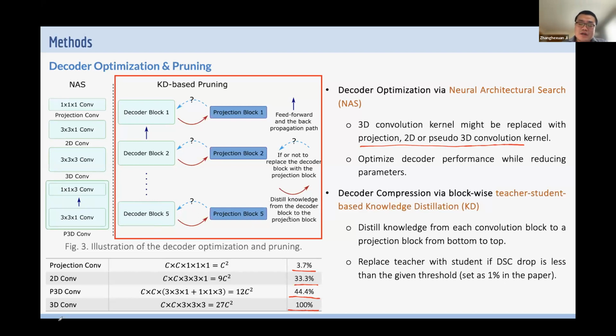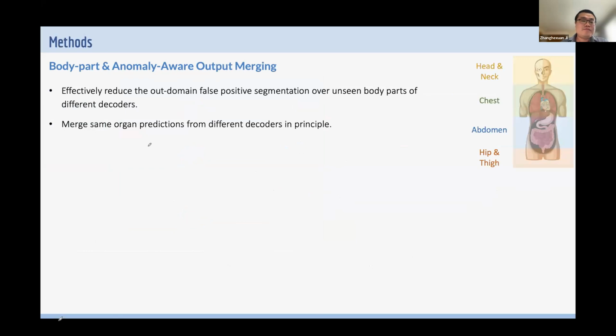If replacing the block with a projection layer causes a dice drop of less than a given threshold, in this paper 1%, then we accept this replacement. So we replace a heavy convolution block with a super light projection layer. This process goes from bottom all the way to top, and after it, the decoder will be compressed by a super high rate.